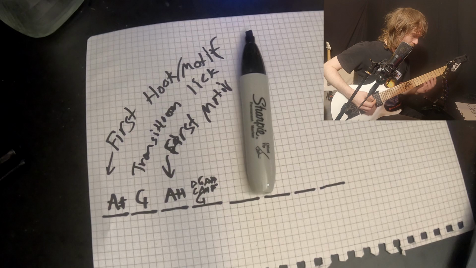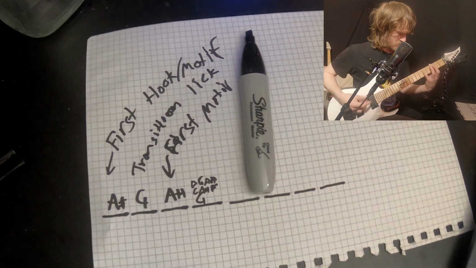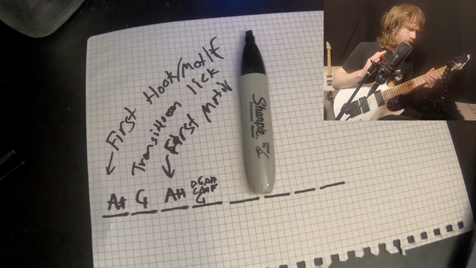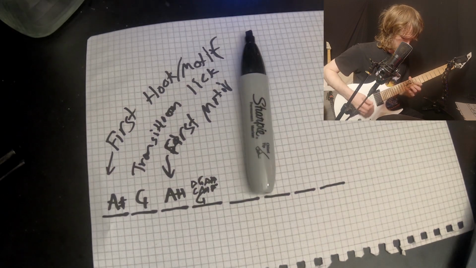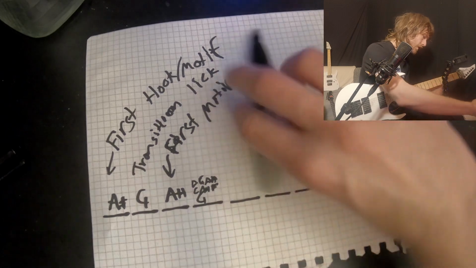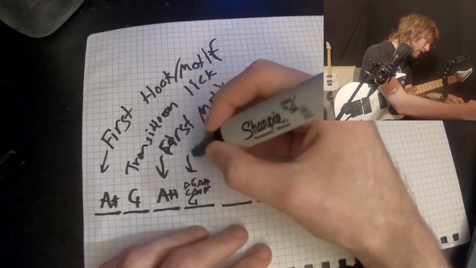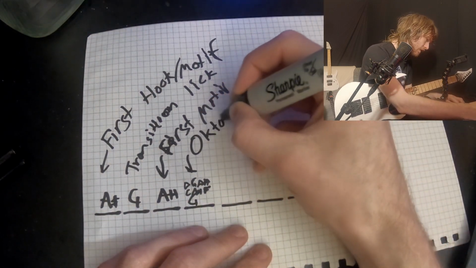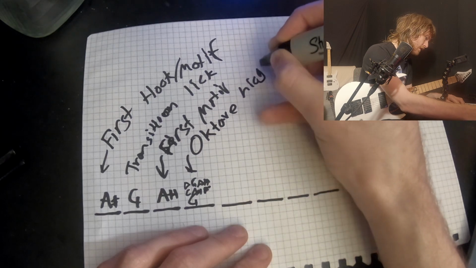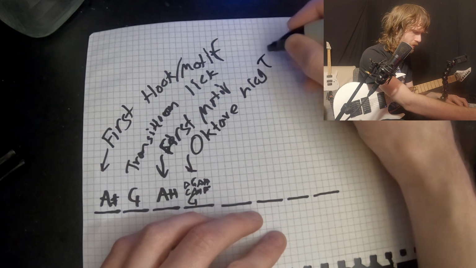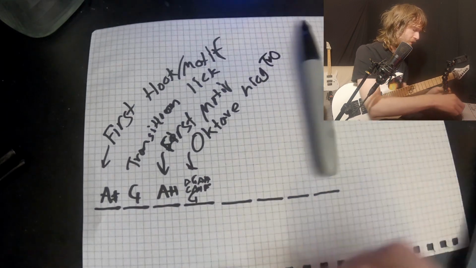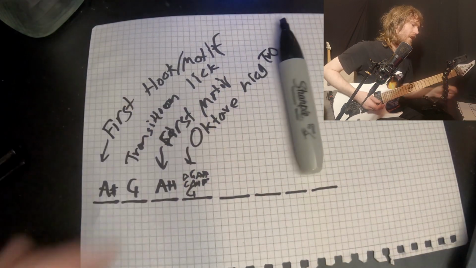And then when this part comes, I basically mimic that with the guitar, but some octaves higher, like that. So I play here an octave higher, or two octaves higher. I'm trying to spell two octaves higher on this one.